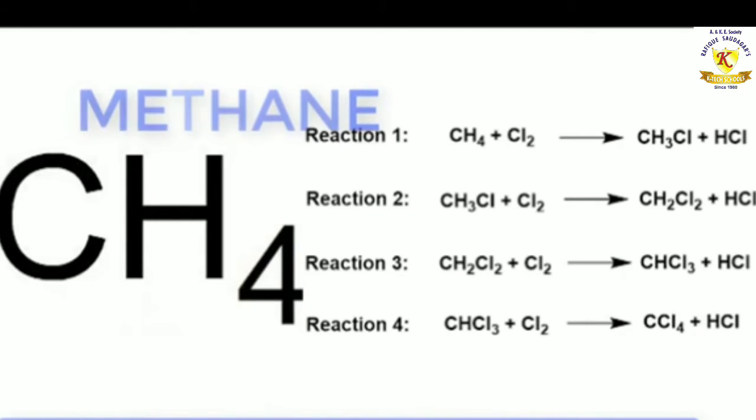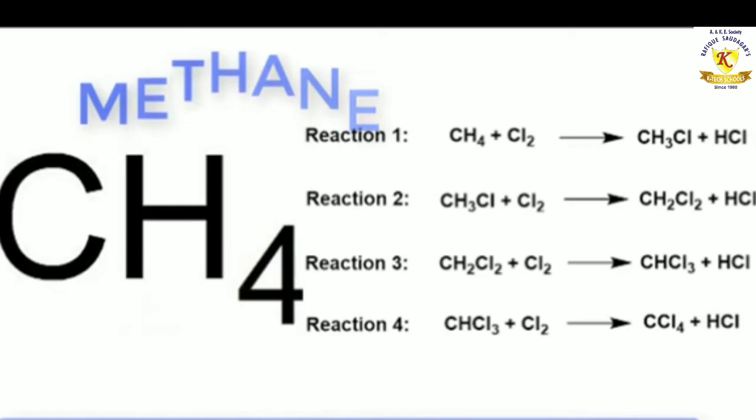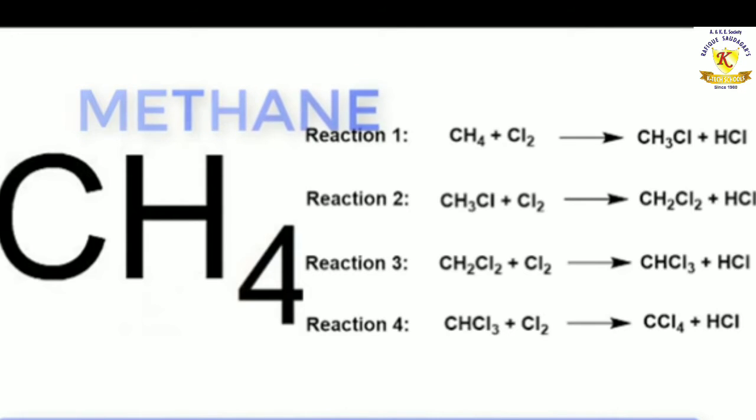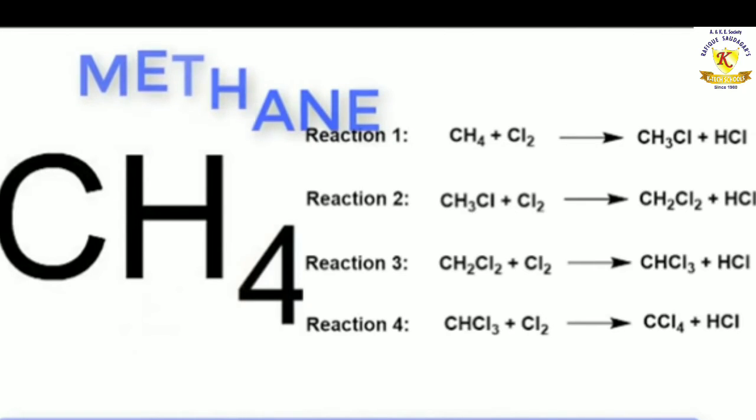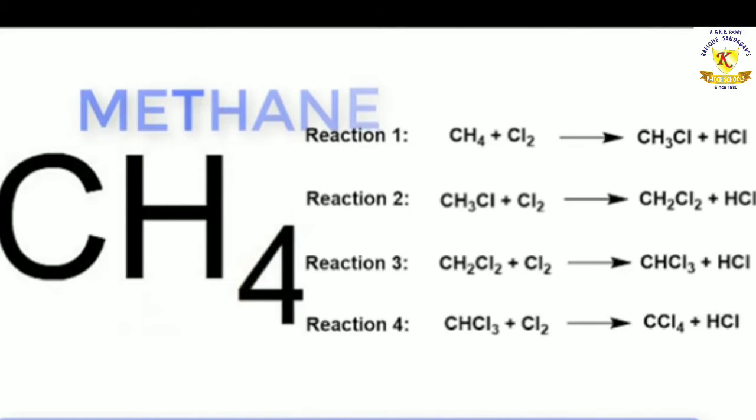The hydrogen is not released as free hydrogen, but in combination with chlorine as hydrogen chloride. This reaction is called a substitution reaction. Understood, children? It is the characteristic reaction of the alkanes.